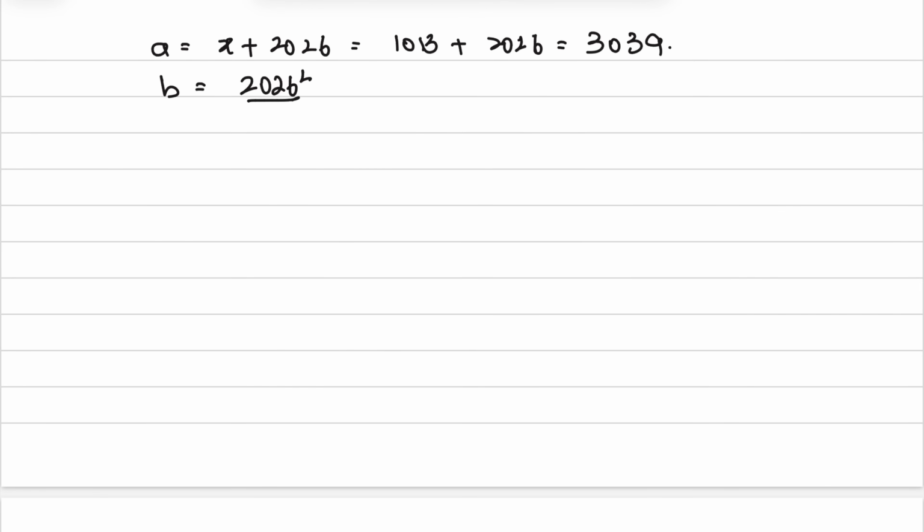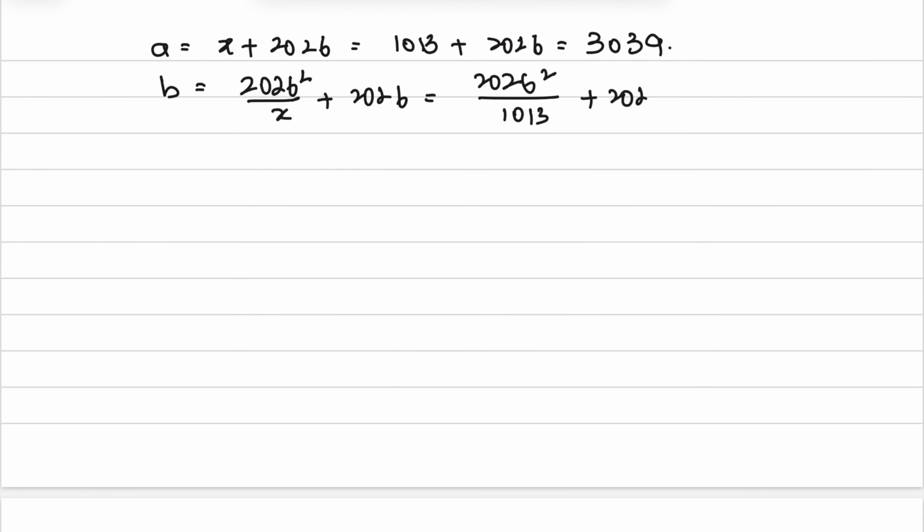2026 whole square by x plus 2026, that is equal to 2026 whole square by 1013, which is half of 2026, plus 2026.